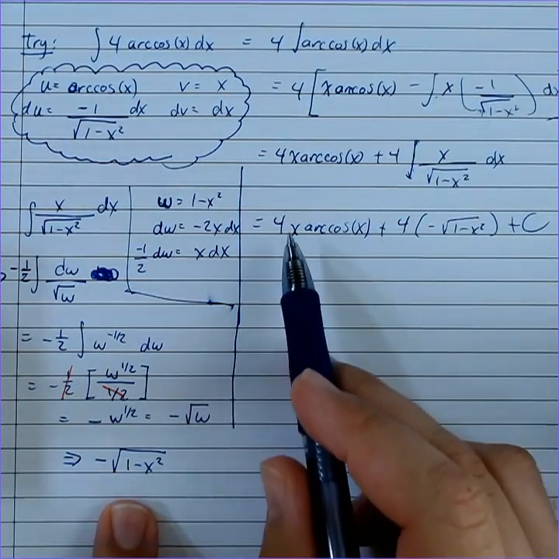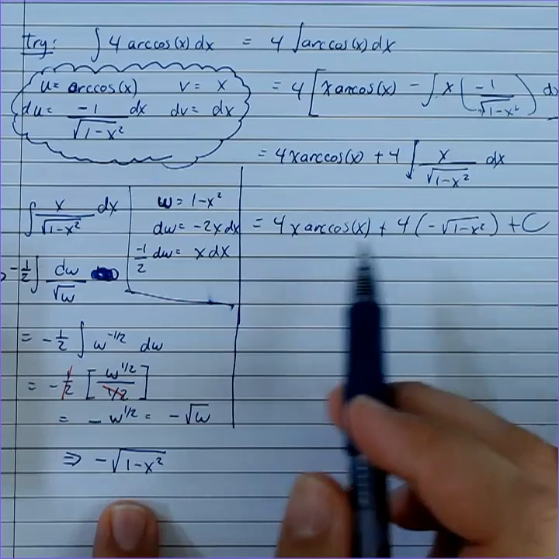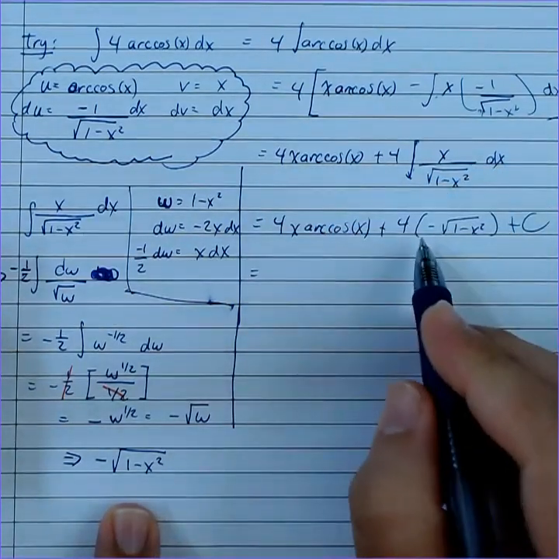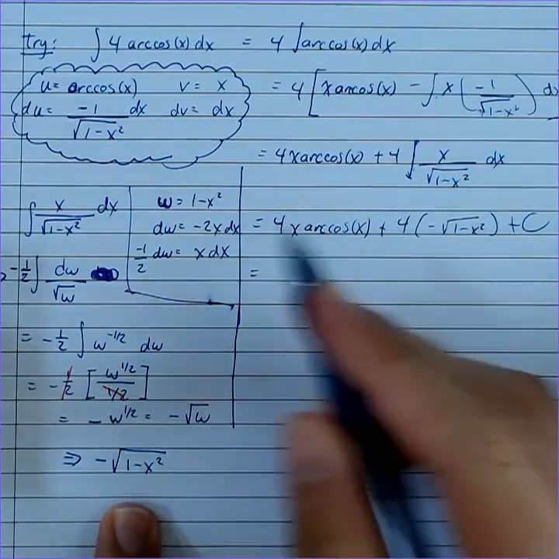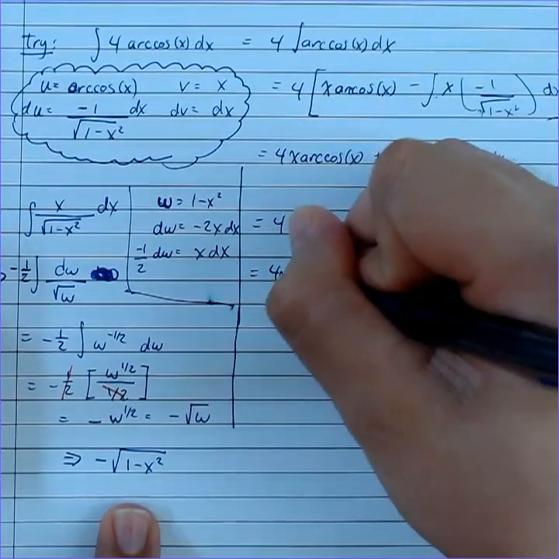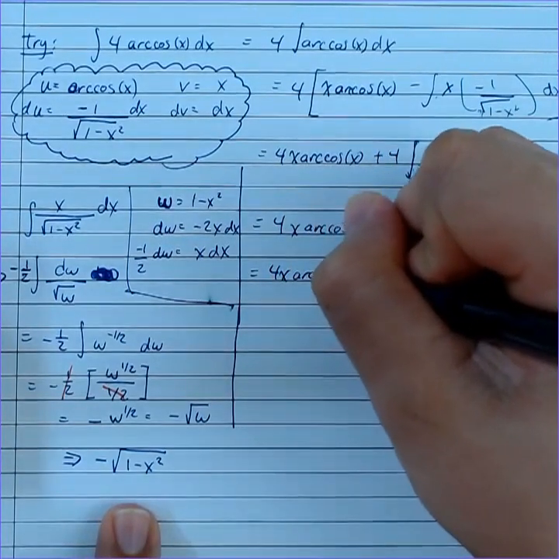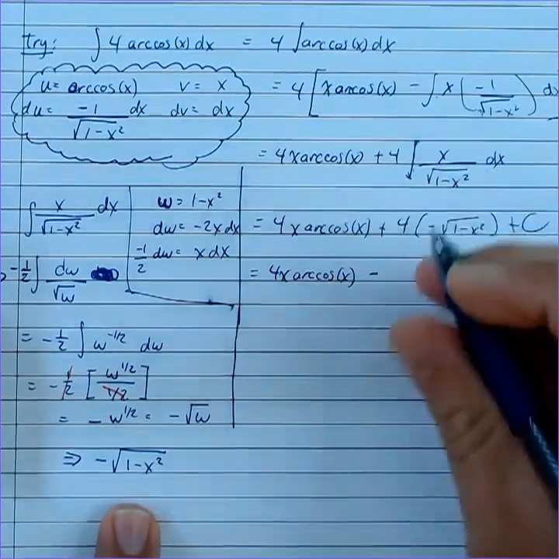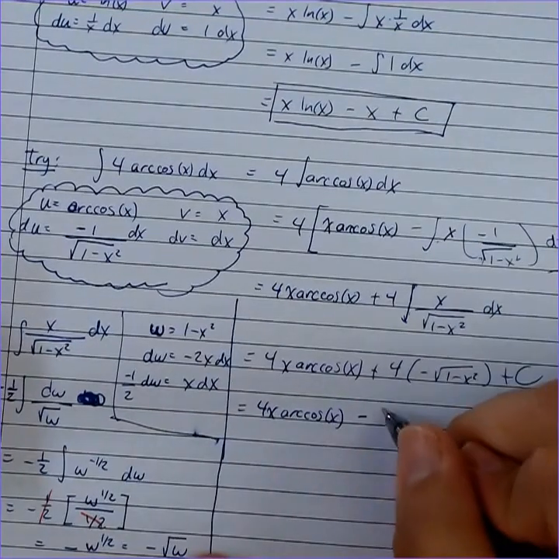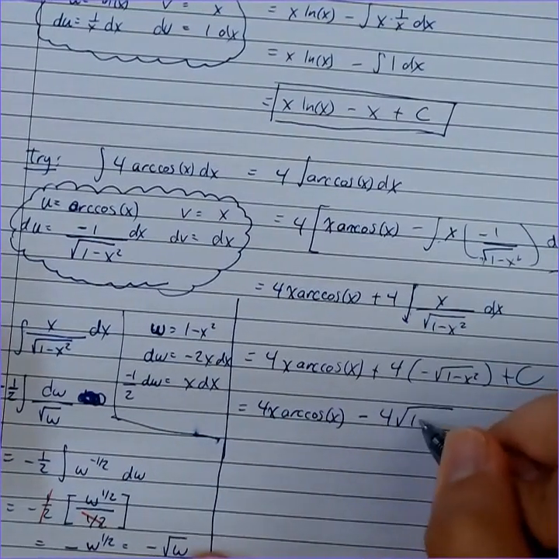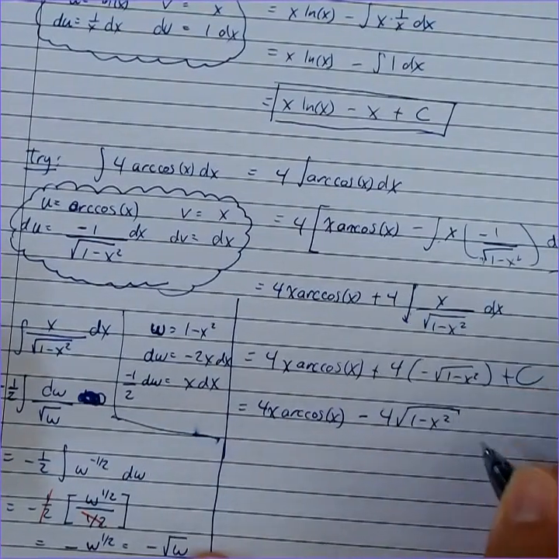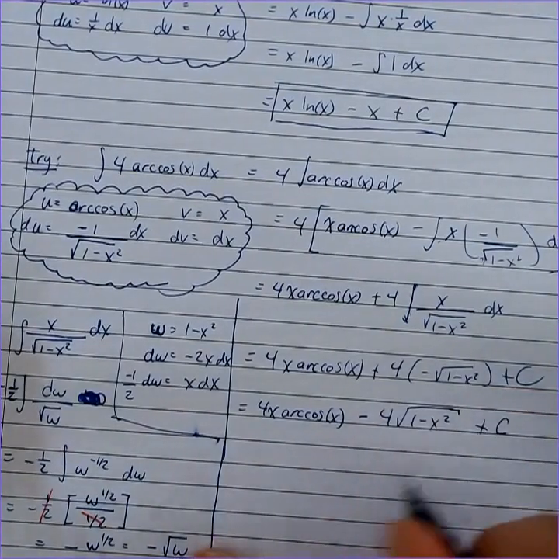Again, depending on who you ask, some people might factor out the 4 or not. Here, the only thing I'm going to do is say, well, plus a negative, may as well just write that as a minus. So 4x arc cosine of x minus 4 square root of 1 minus x squared plus some constant of integration.